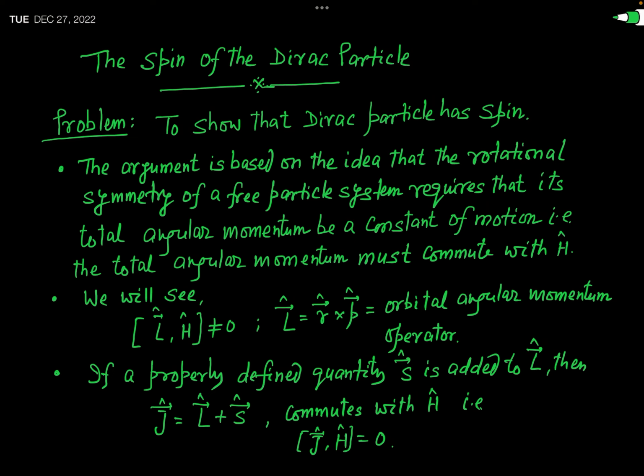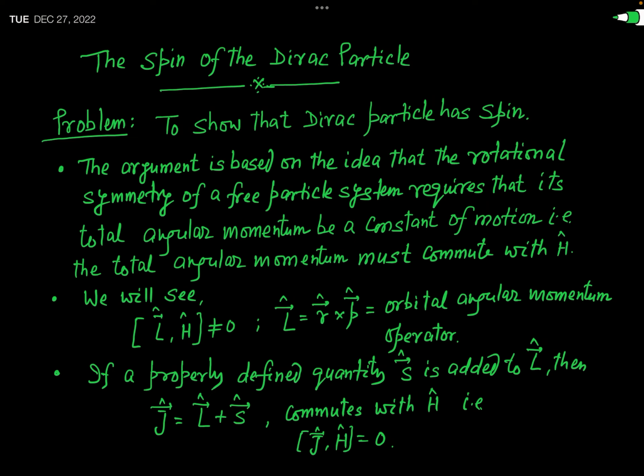atomic spectra and fine structure of the hydrogen spectrum, it was seen that the theory available at that time was not successful in solving problems like the anomalous Zeeman effect.